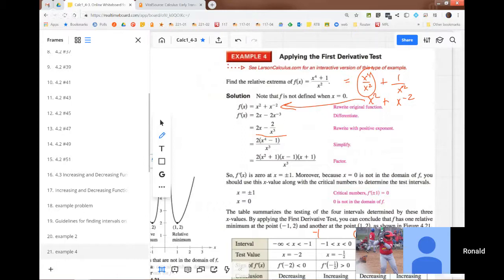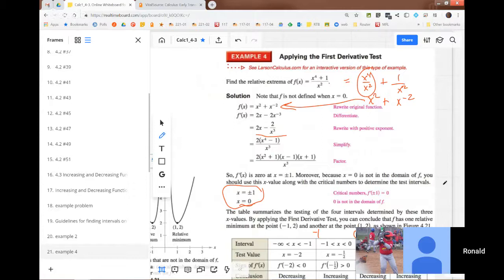X squared plus 1 can't be 0, can it? Impossible. X minus 1 could be 0 when x is 1. It can also be 0 when x is negative 1. Why did they have x equals 0 as a critical value? It's undefined. That's right. So we have basically three critical values, so we have three dividing points.